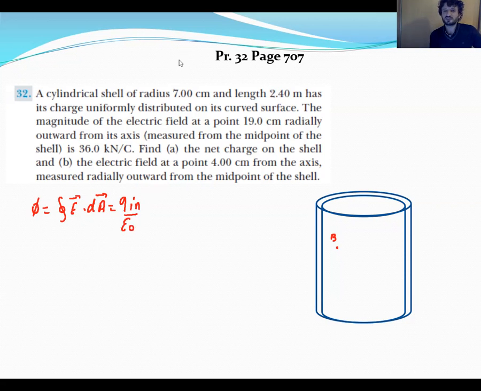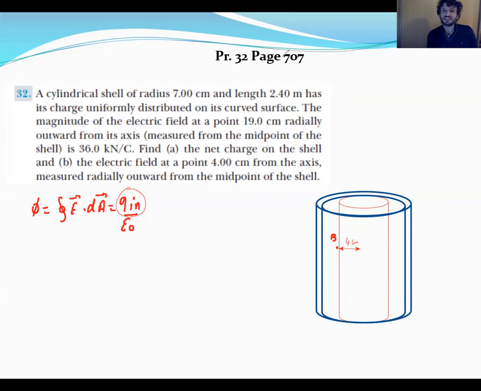And we have to choose a Gaussian surface. This surface passes by the point B, which is at a distance equal to 4 centimeter. You know, Q in inside the Gaussian surface equals 0.